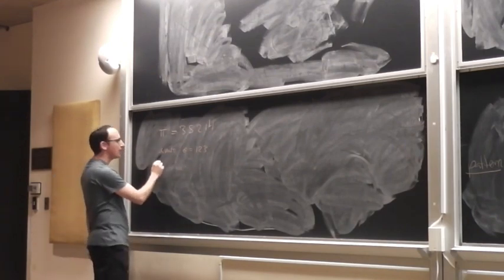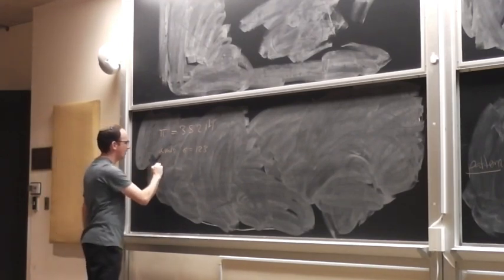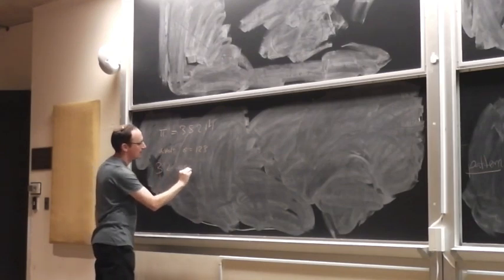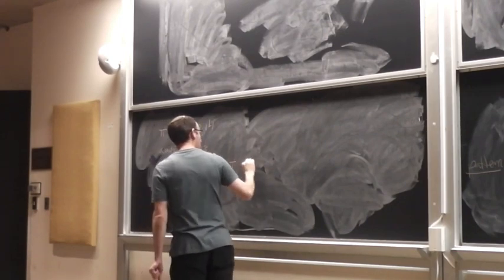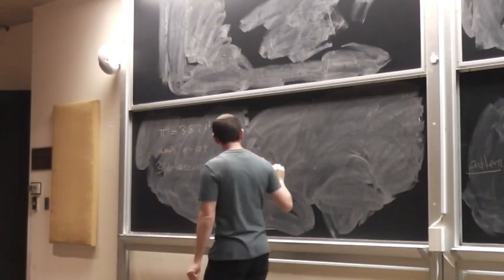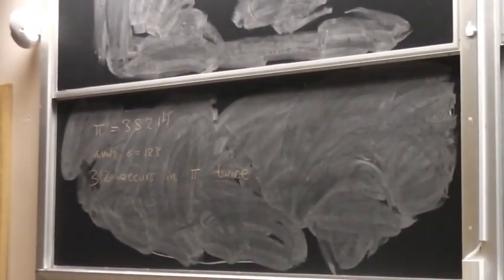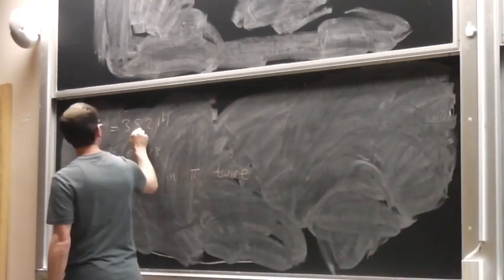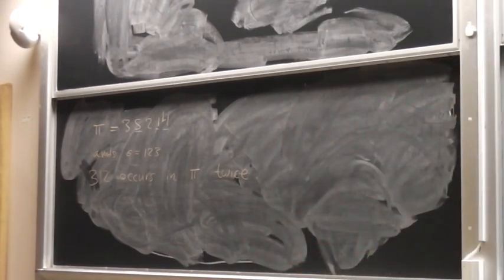But 3, 1, 2 occurs in pi actually twice. You can find another occurrence of the same pattern, which is, I think, 5, 1, 4. So it makes sense to ask how many times each pattern of size k occurs in a larger permutation of size n. This motivates the following definition.